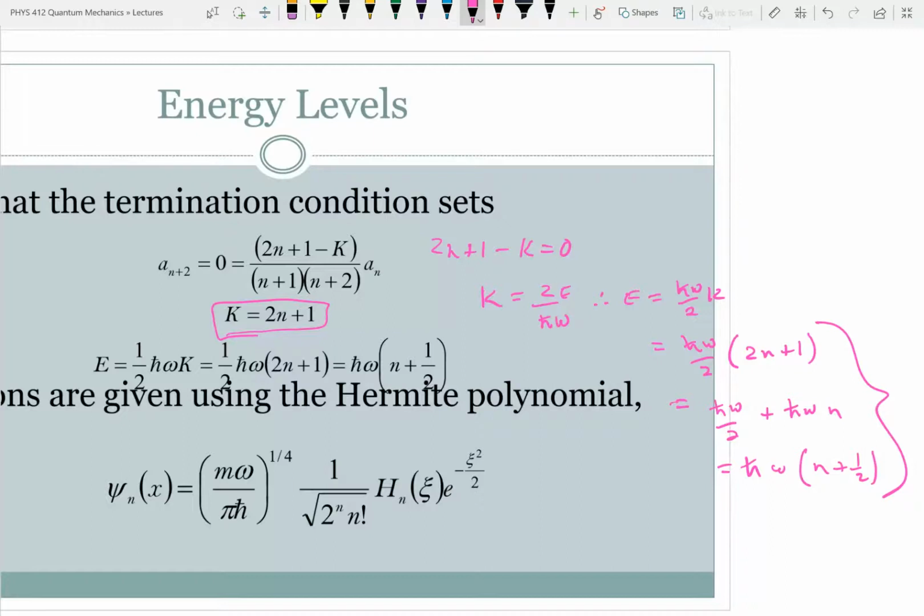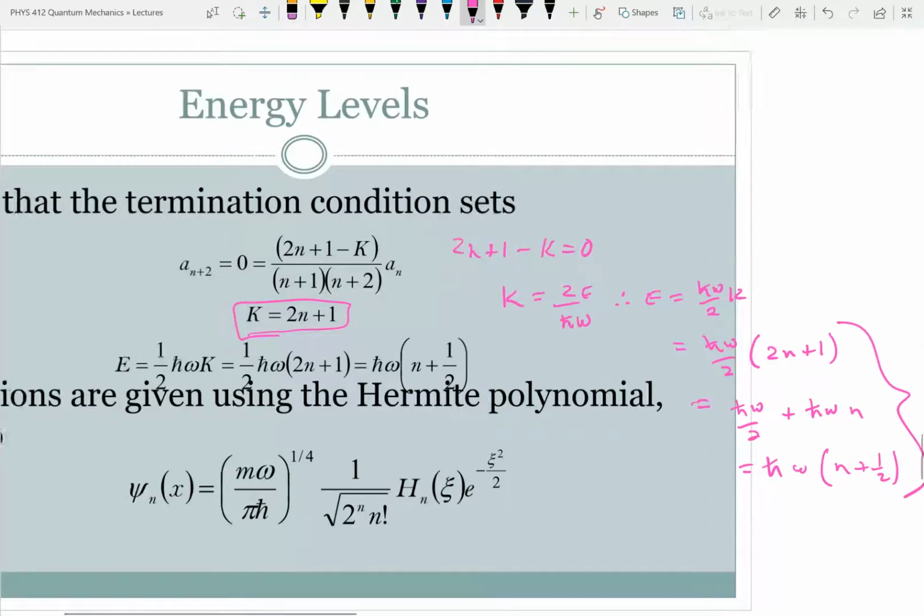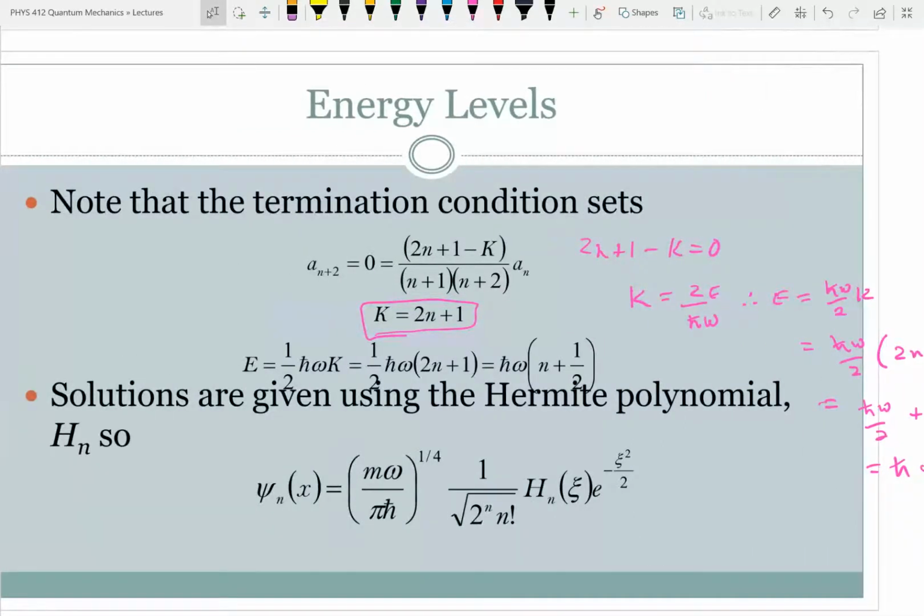We don't have a wave function yet because we have to find all of the different a sub j's if we're going to have our wave function. But we now have the energy. So how do we get our wave function? Well, we're going to have a normalization constant, this thing and this thing.